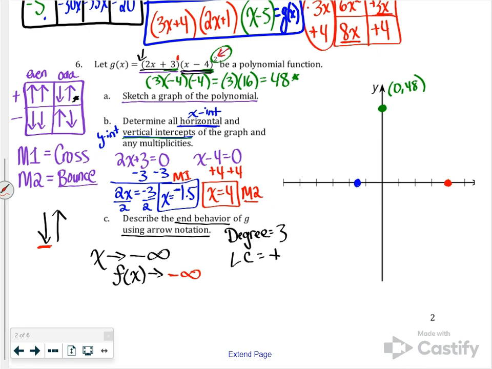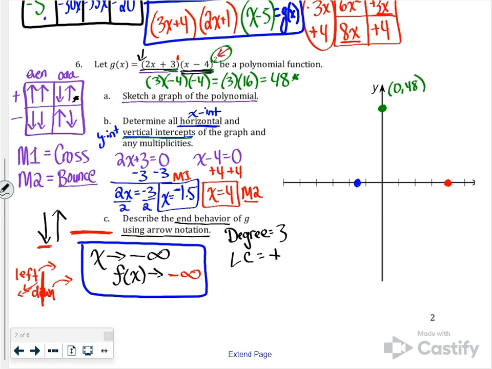I think it's very important to know that this negative infinity means left, and this negative infinity means down. The reason is that in the first one I'm talking about the x-axis, which goes left to right, and then the f of x is talking about the up and down of the function. So that first one, I'll try and get all these arrows out and make this look cleaner. That is the answer for the left arrow.